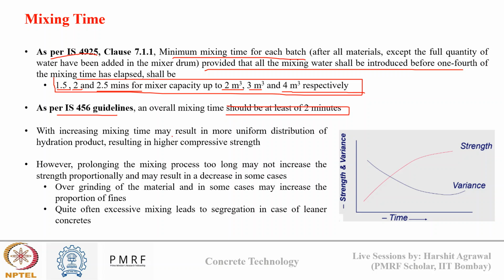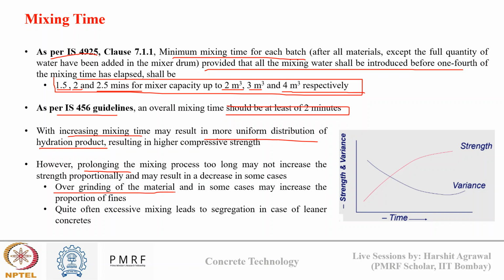Okay, it is generally said that if we increase the mixing time, we will get a more uniform mix and a more uniform distribution of hydration product, which can result in a higher strength. However, if we mix for a very long time, it may not increase the strength proportionally, and it can also decrease the strength. Why?